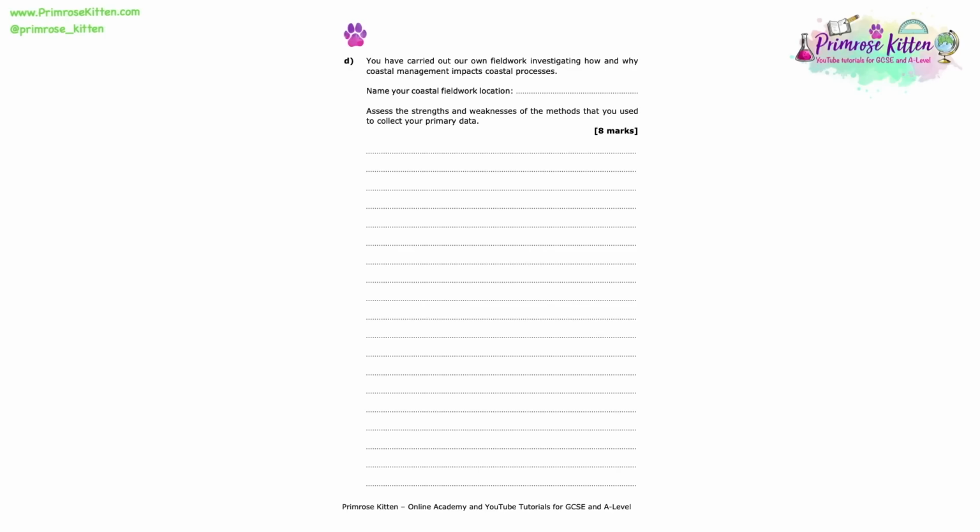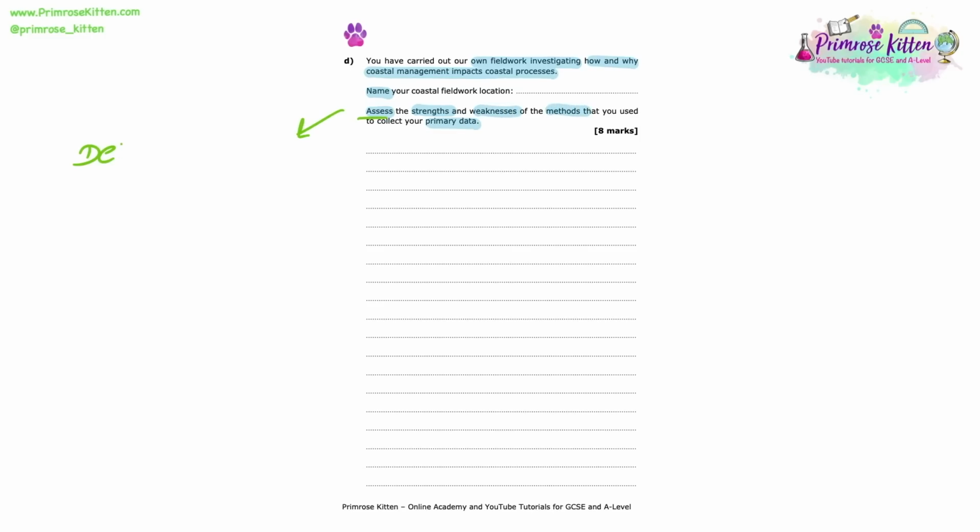Part D. You have carried out your own fieldwork investigating how and why coastal management impacts coastal processes. First of all, you need to name your coastal fieldwork location, and then assess the strengths and weaknesses of the methods that you used to collect your primary data, for 8 marks.